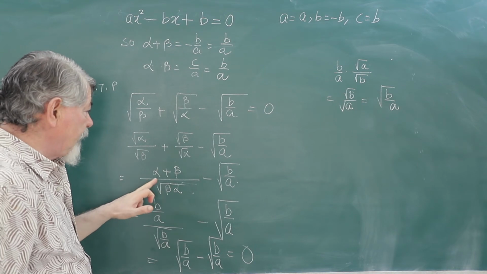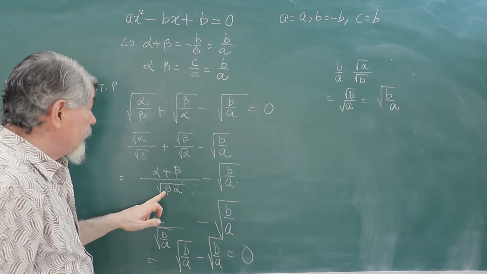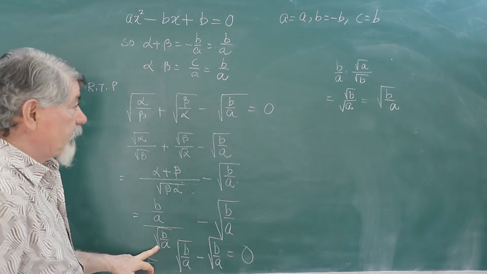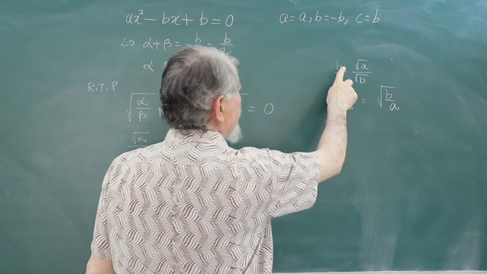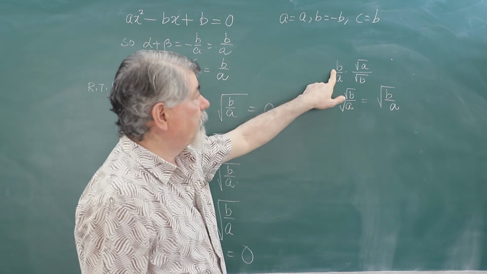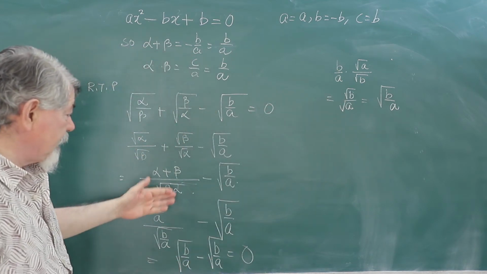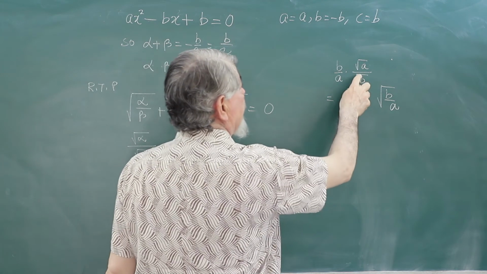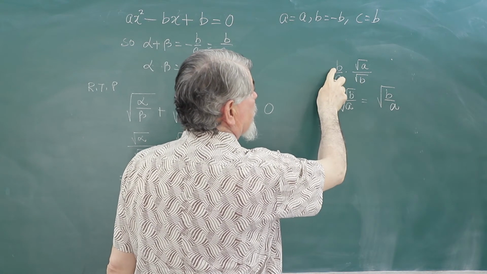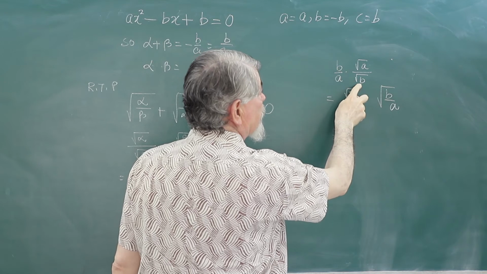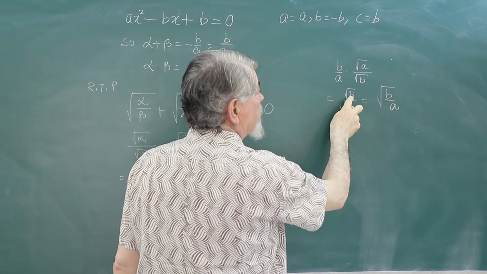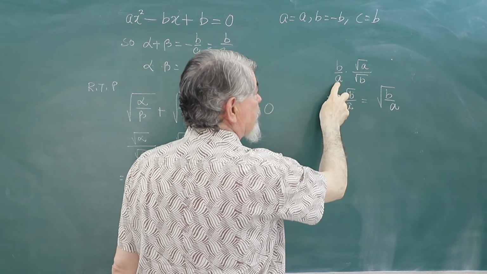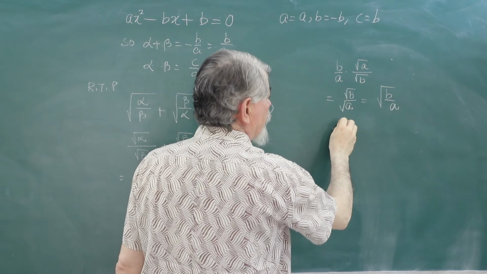The value of alpha plus beta is b upon a. The value of alpha beta is under root b upon a. So that means what? I have shown it here, b upon a, and if I reverse it, a will go up, root a will go up, and root b will come down. So it is b to the power 1, it is b to the power half, so it will remain b to the power half. Similarly, it is root a. Actually, what is root b?